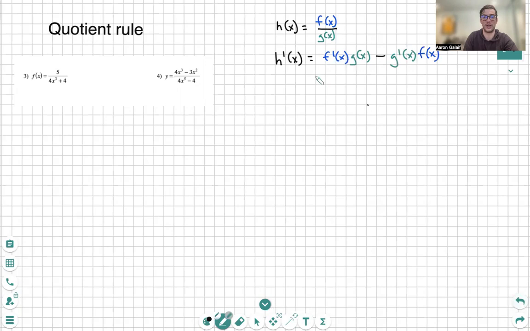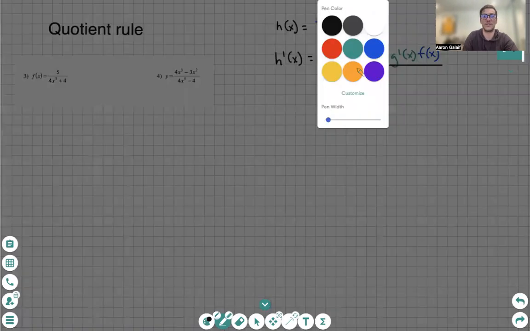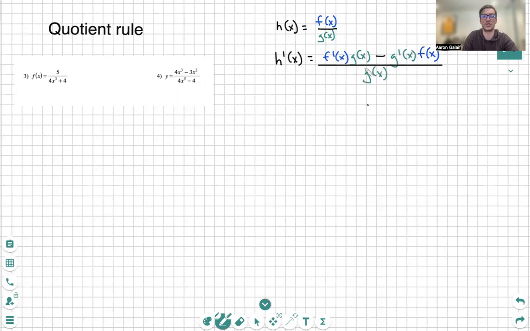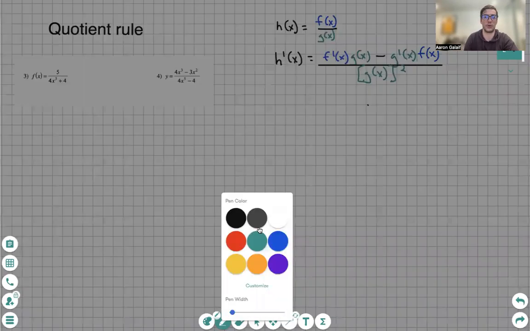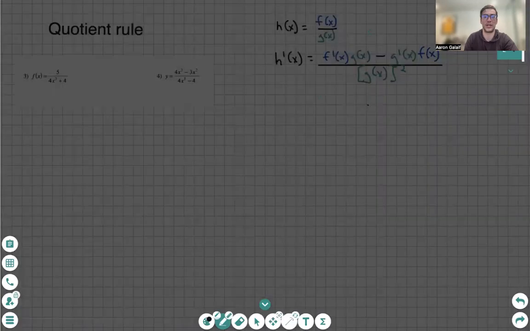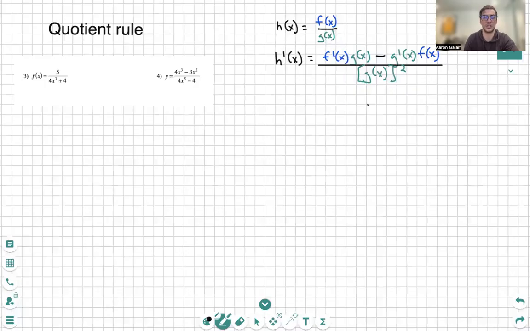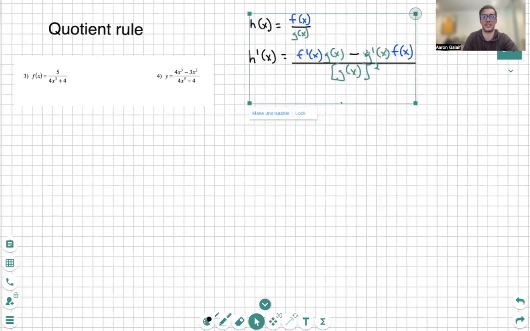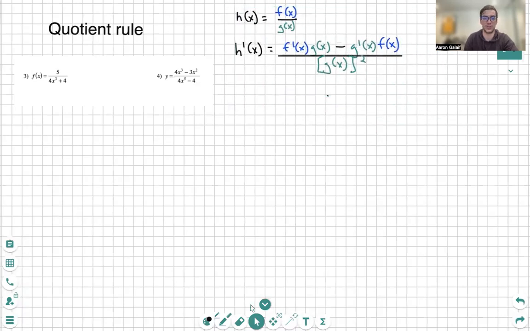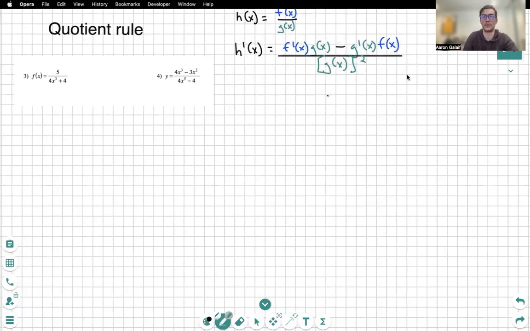Let's get a straight line going, all over g of x, the denominator, squared. Okay, I'm also going to write it out in shorthand without the x's, just in case that's a little easier to read. So let's go through it one more time.